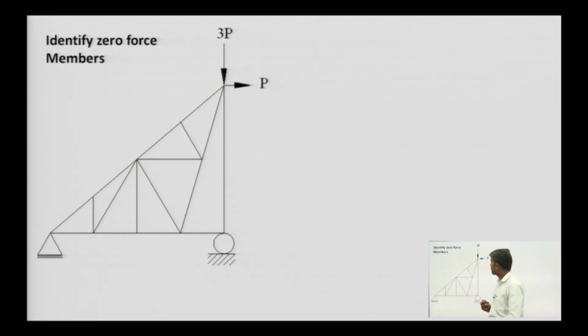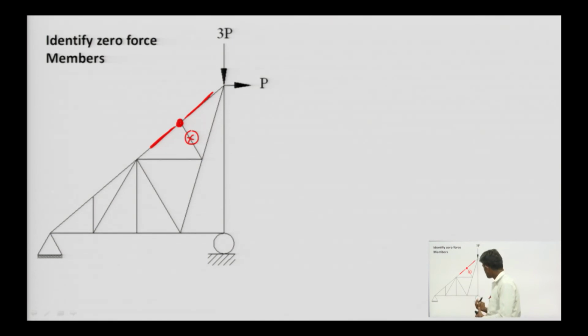Let us identify the 0 force members in this truss. From where should we start? We should start at this joint, identifying the 0 force member from this joint. Collinear members are meeting at the same joint, and the member connecting to that joint will not have any force.